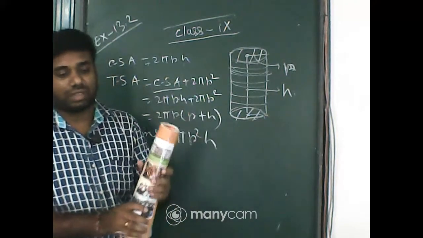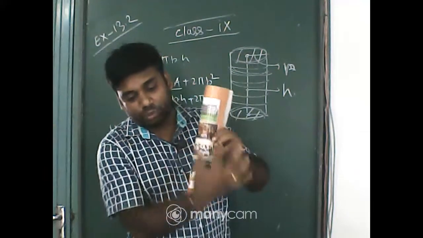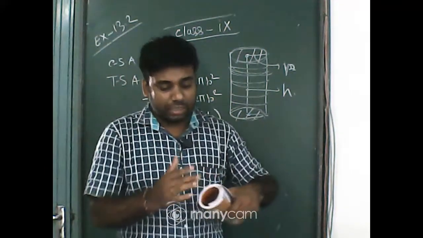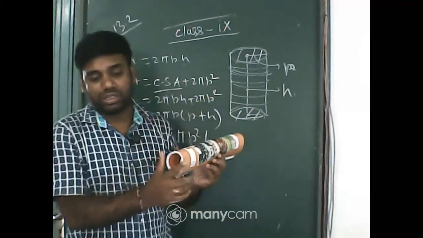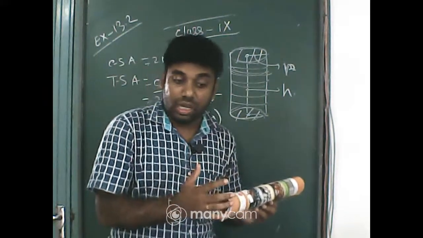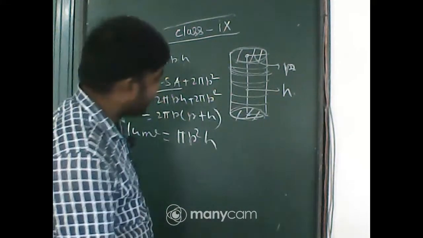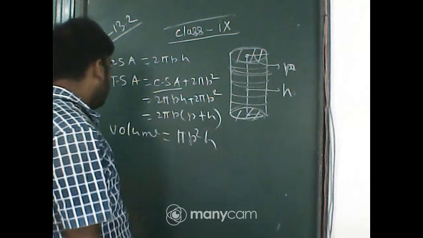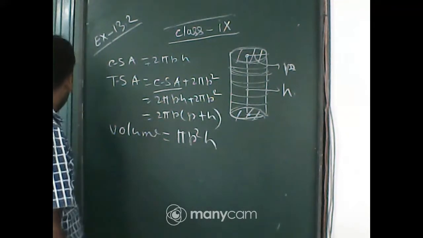That cover portion is the curved surface area. If it is closed, then it is the curved surface area plus the two circle portions. In the case of a closed cylinder, the total surface area will be 2 pi r into r plus h, and volume equals pi r square h.